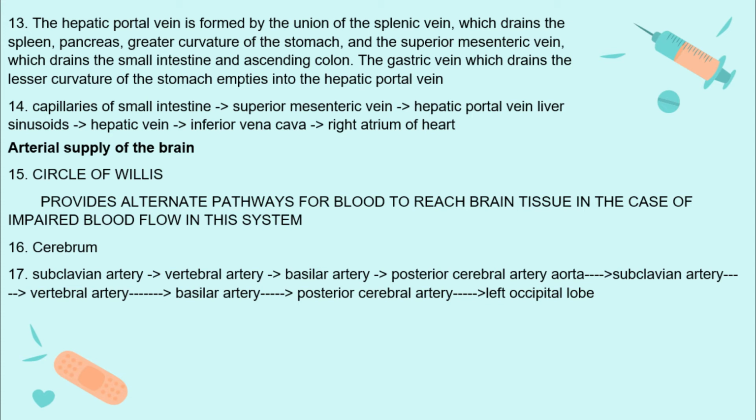Number 17. Trace the usual pathway of a drop of blood from the aorta to the left occipital lobe of the brain, noting all structures through which it flows.